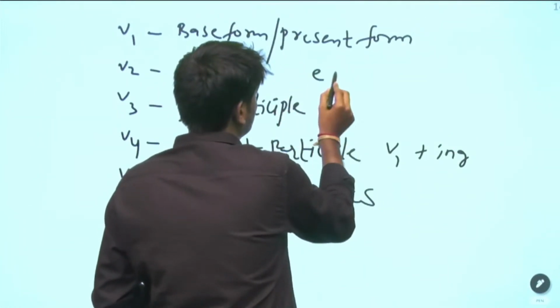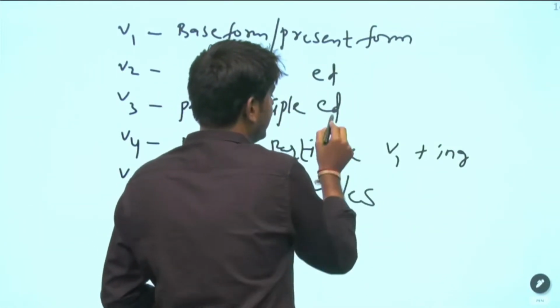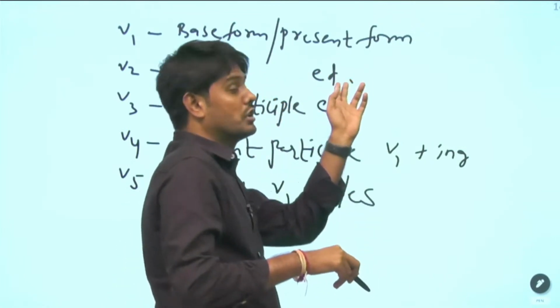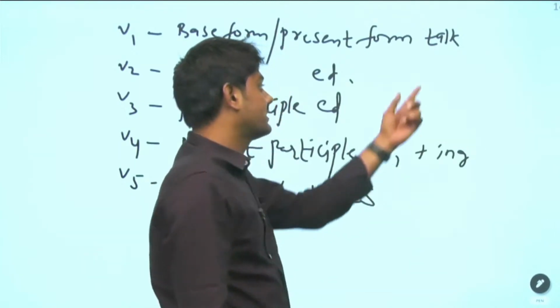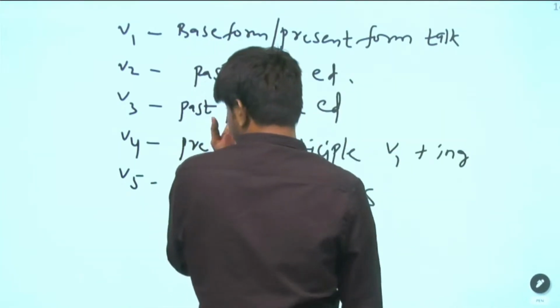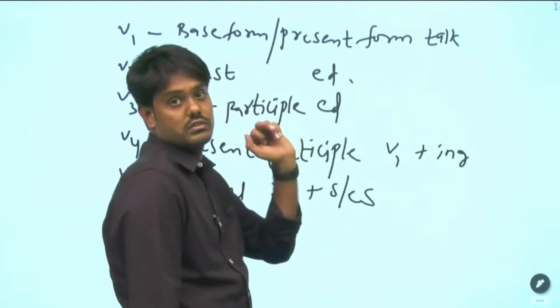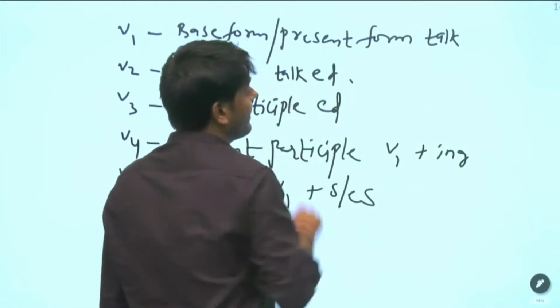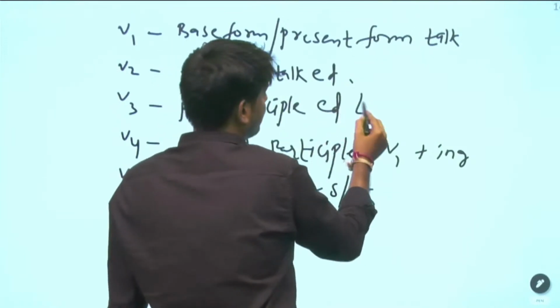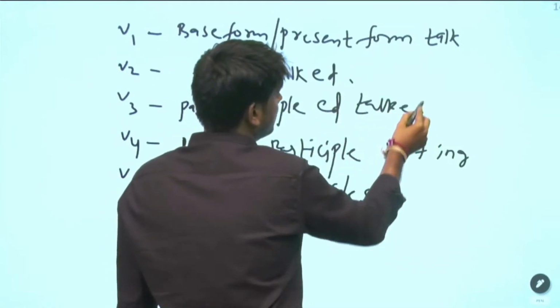So V2 ed, V3 ed. Let's take an example, talk. This is the base form or present form of the verb. What is the past form of that? Talked. To this we have added ed. And what is V3? V3 is also talked.